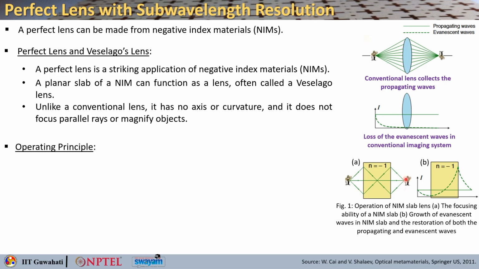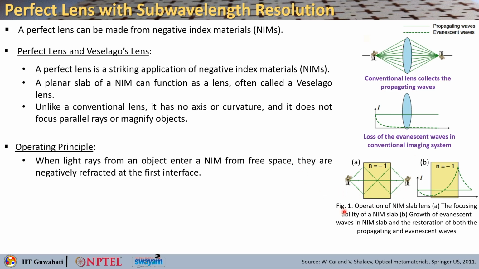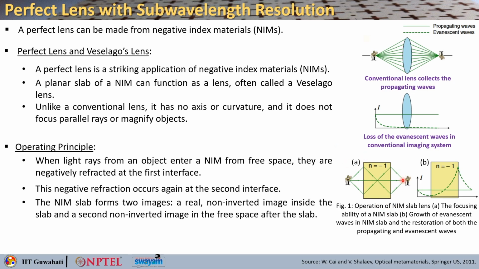So, how it works you can see here. When light rays from an object enter a negative index material from the free space, they are negatively refracted at the first instance. And then when they go to the second interface, you have another negative refraction which focuses them back.